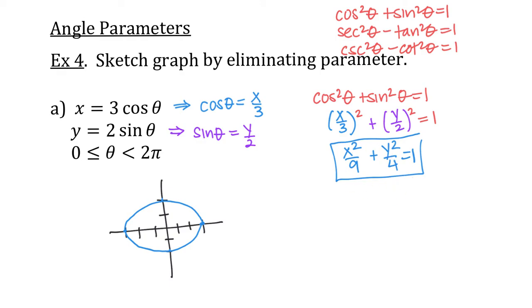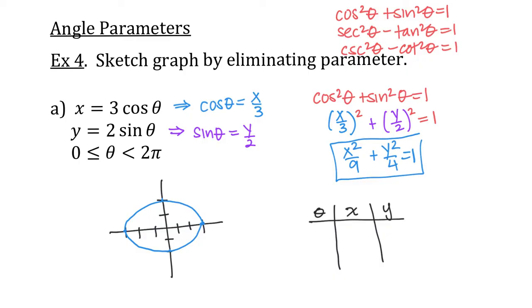However, there was a parameter and I need to respect the parameter. So I'm going to make a table with a couple points so I can figure out what direction this thing was going in. My parameter is theta. I'm going to see the x and the y. Now they told me my graph was going to go from 0 to 2 pi, which means the beginning of my rotation is 0.